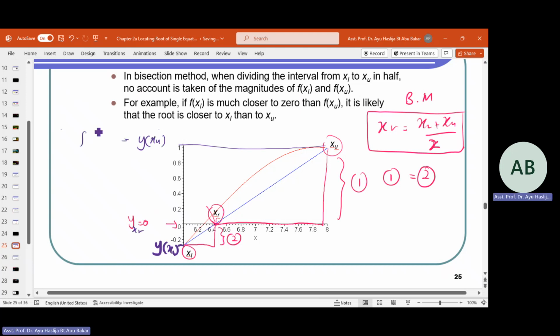Y is equal to F(x). Sometimes you see the term as F, sometimes you see the term as Y. Okay, so now to find the gradient, gradient 1 equals gradient 2.